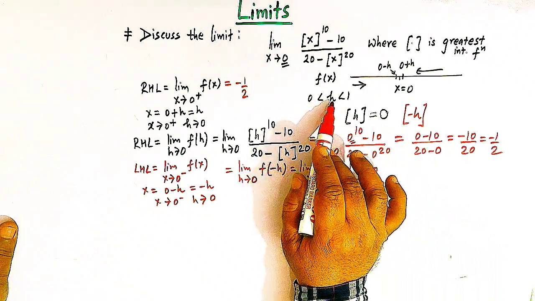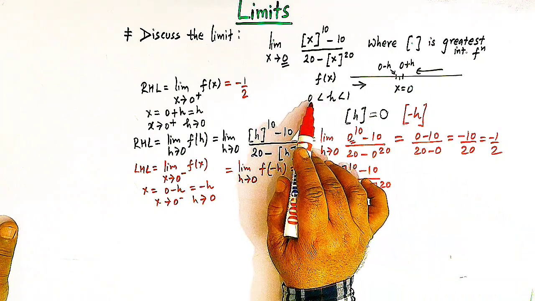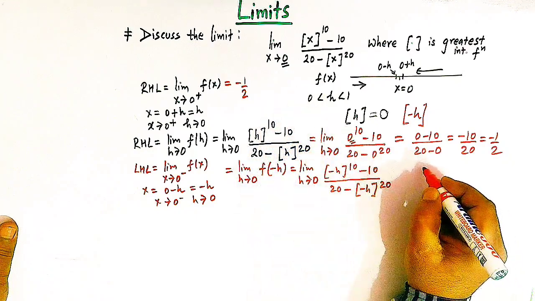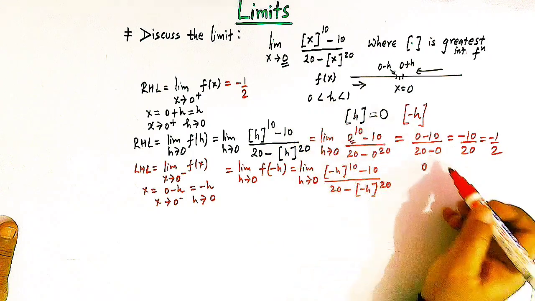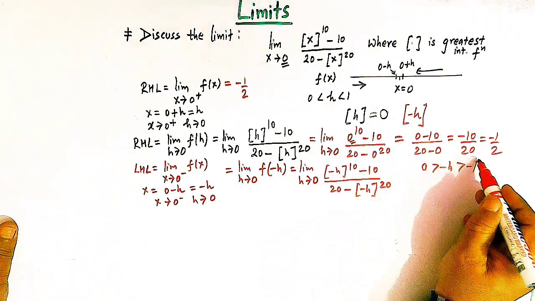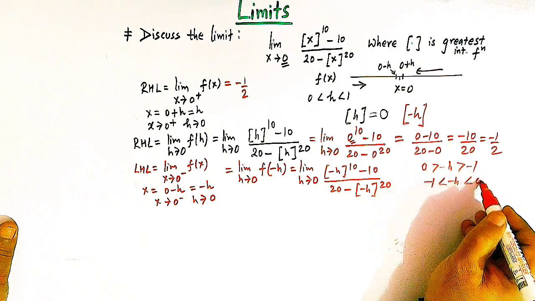So see, h lies between 0 and 1. So if we multiply this inequality throughout by minus 1, the direction of the inequality gets reversed. So here we have minus h, then we have minus 1. So we can again write this inequality as minus 1, minus h and 0.